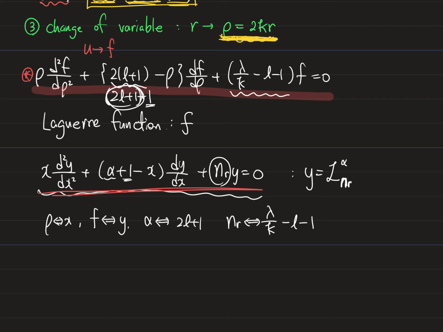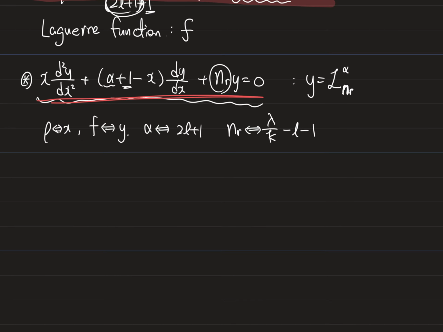So far we have derived the function form of the radial part, and we now try to understand the restriction on the quantum number. To understand that, we have to have some experience in solving this Laguerre differential equation. If you don't know how to solve the differential equation, the easiest approach is to apply the power series solution.